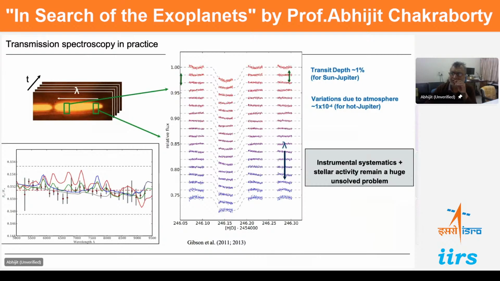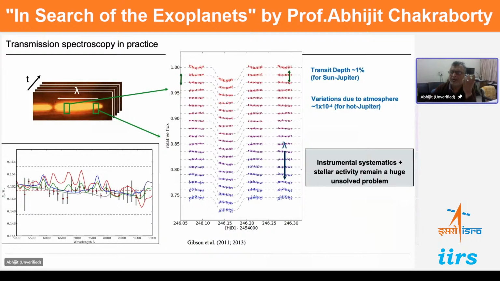Okay, 100 angstrom resolution. So every 100 angstrom, I want to measure how the dip is varying. So within that 100 angstrom, if there is some element of strong absorption feature, I will see the variation in the depth. Okay, that's the whole idea.